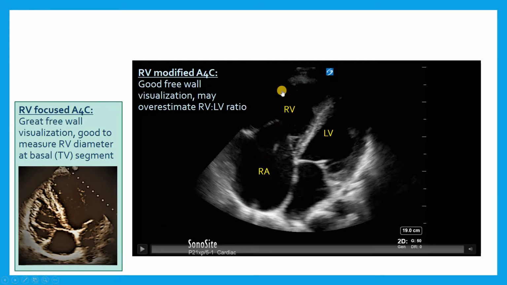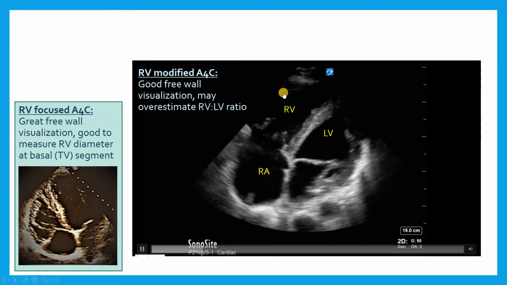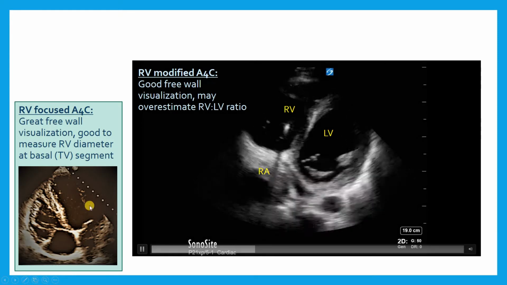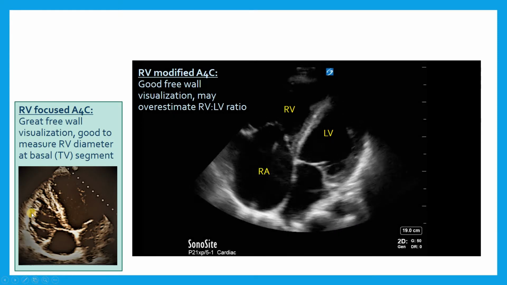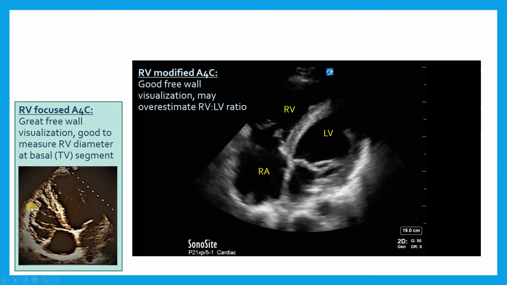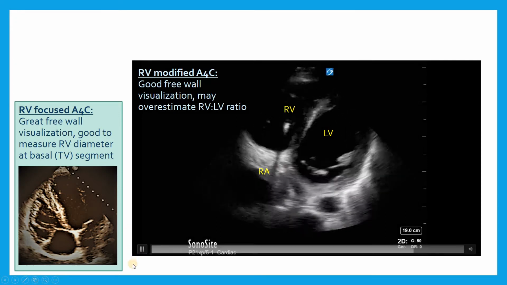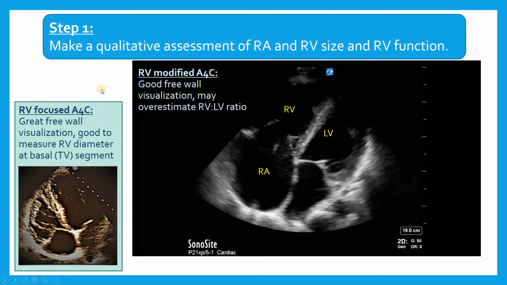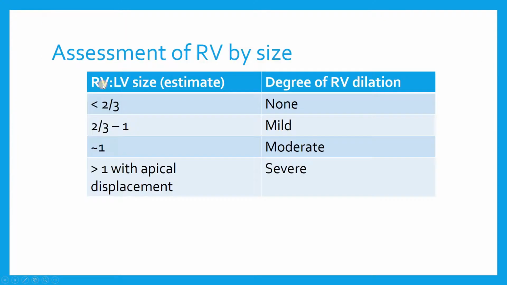That's one of the shortcomings of this modified apical four-chamber view: the free wall can come in and out of view. Sometimes you can get a decent view of it here, but sometimes moving more laterally and looking through the left ventricle, you can get a better sense of what the free wall is doing. Anyways, those are both different ways of making qualitative assessments.